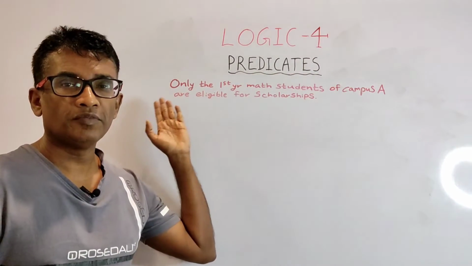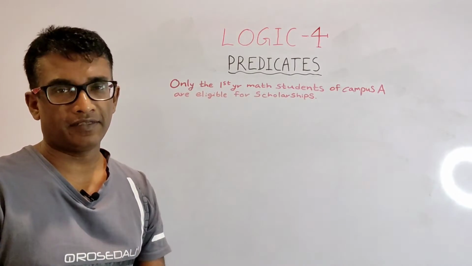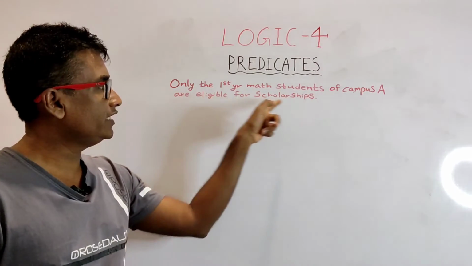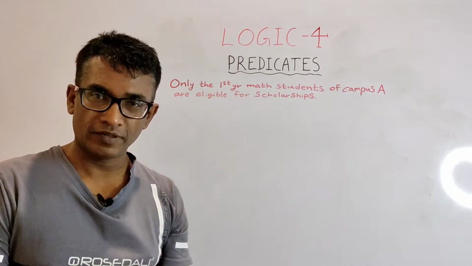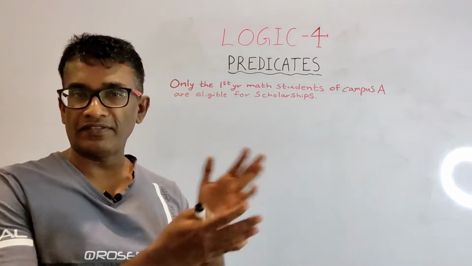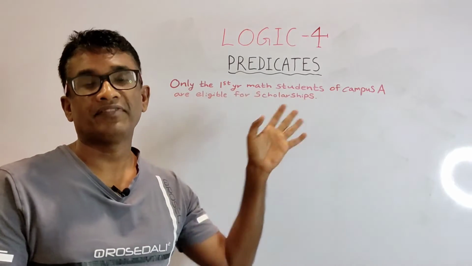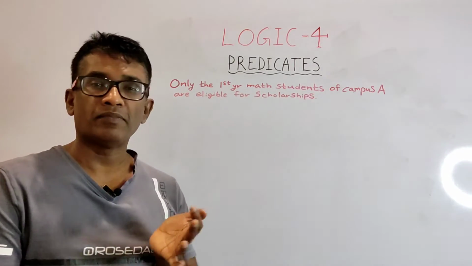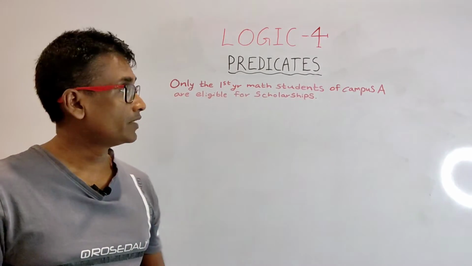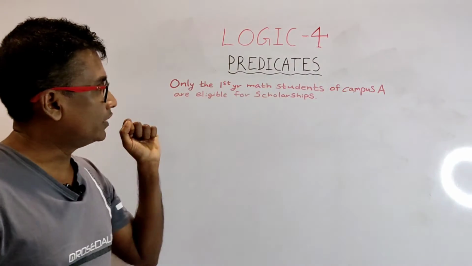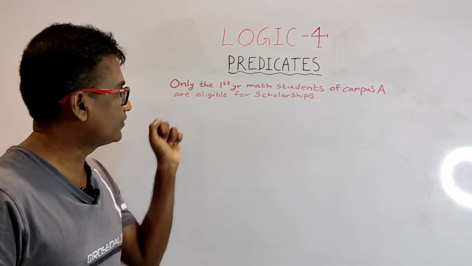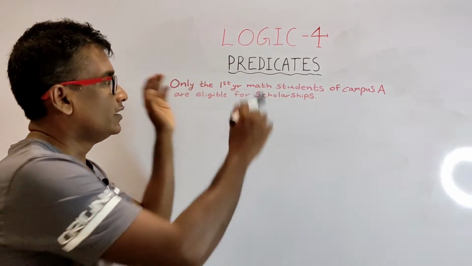Now assume that this is a known fact. Only the first year math students of campus A are eligible for scholarships. Okay. Now imagine that there is this campus called campus A, right? Now campus A has so many departments: a department of mathematics, department of sociology, department of biology, whatever, right? Of all the students, only the first year students of the department of mathematics are eligible for scholarships.